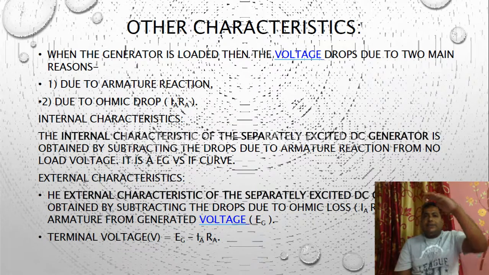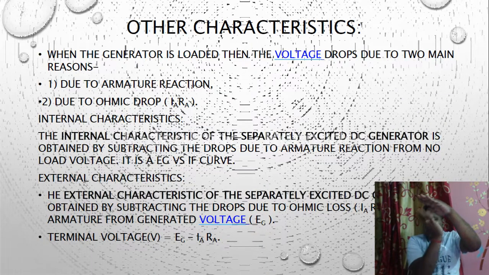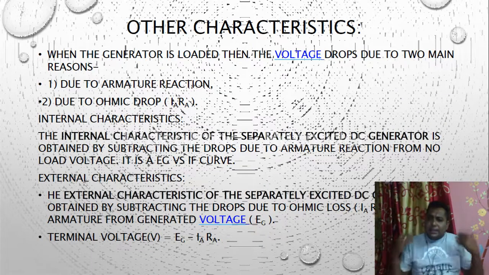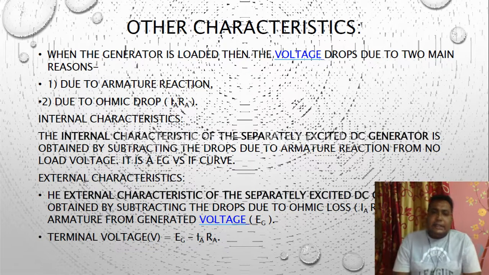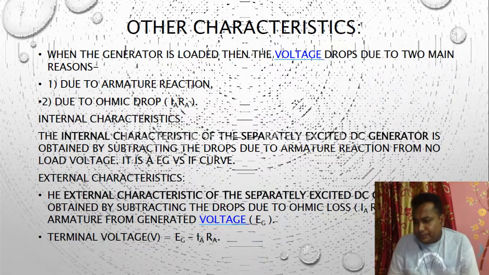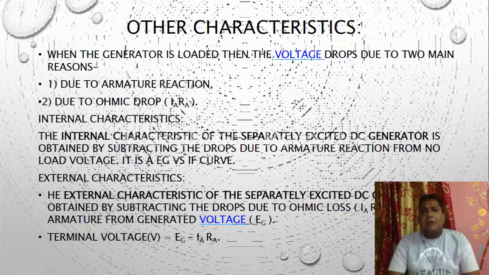Say this is the first curve. When there is armature reaction, the value does not go like this; it drops from the main curve to the next one. At the same time, in the case of the external characteristics, due to the resistance in the armature winding, there are again some drops.